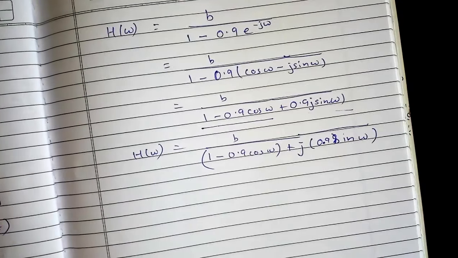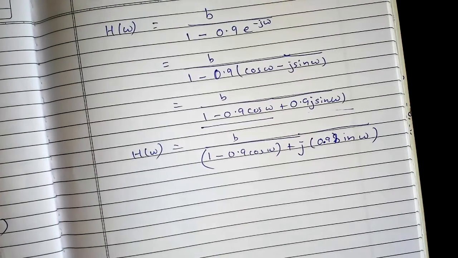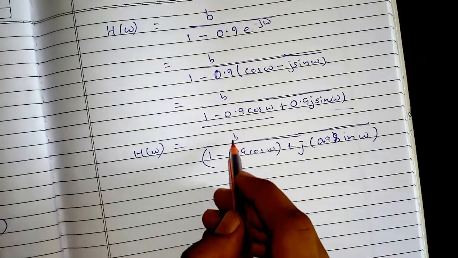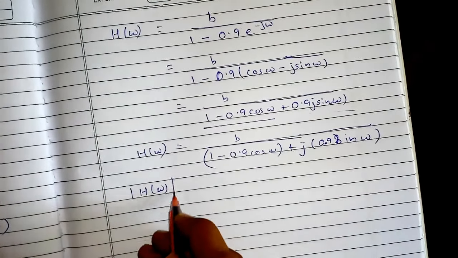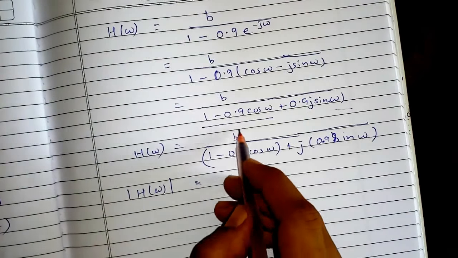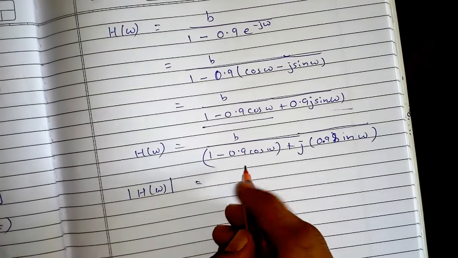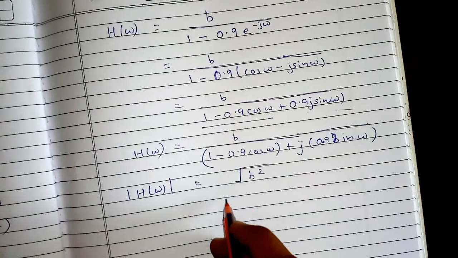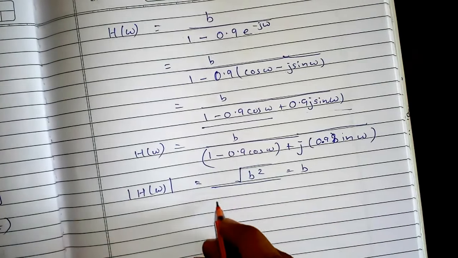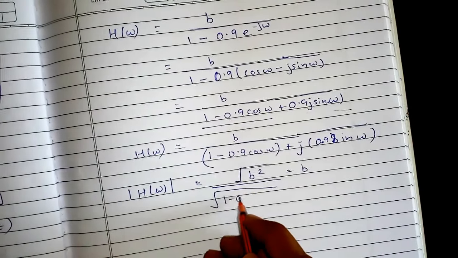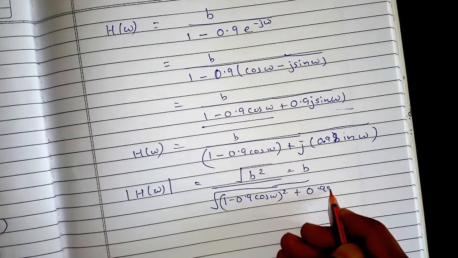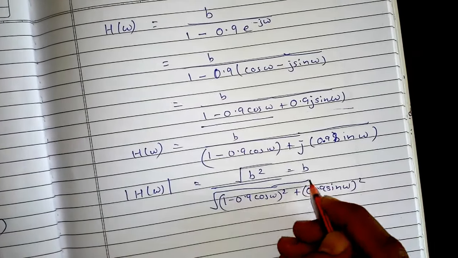Next step, you have to find the magnitude, which is very simple. In the numerator, I just have b. So if I consider this as real or even imaginary, I will have under root of b square, which will give me at the end b upon under root of real part square, which is (1 minus 0.9 cos omega) square plus (0.9 sin omega) square.